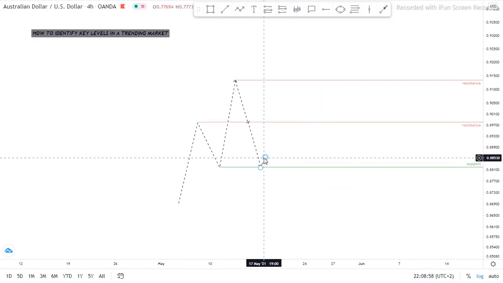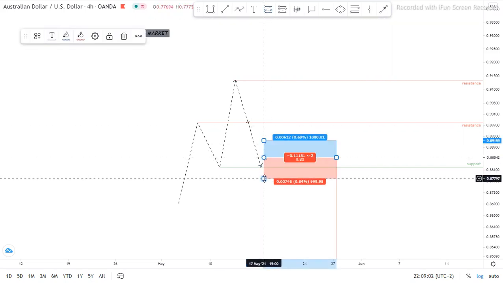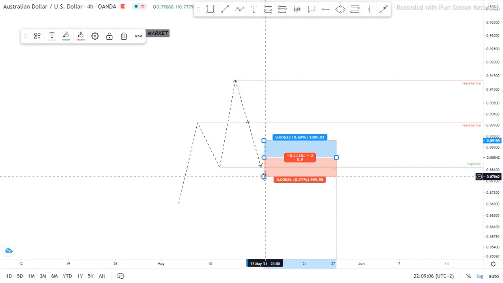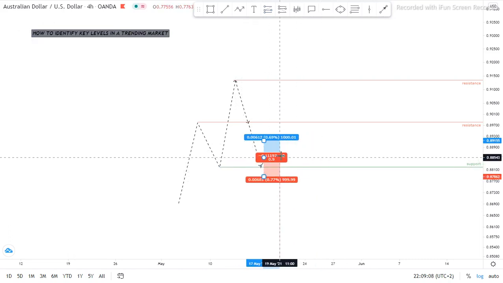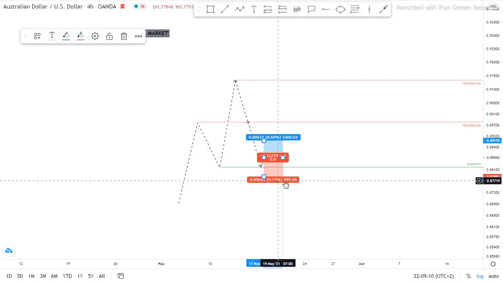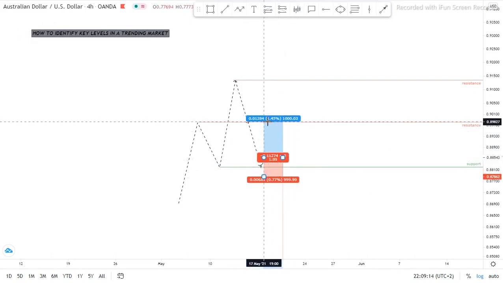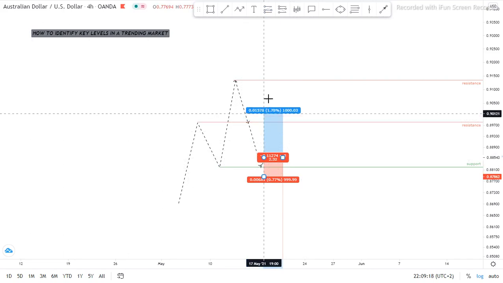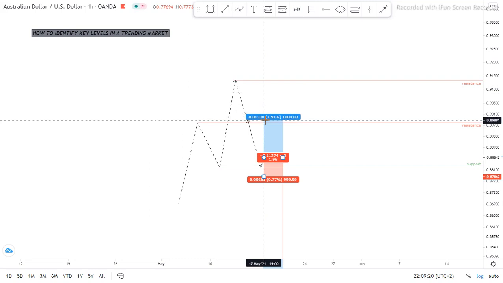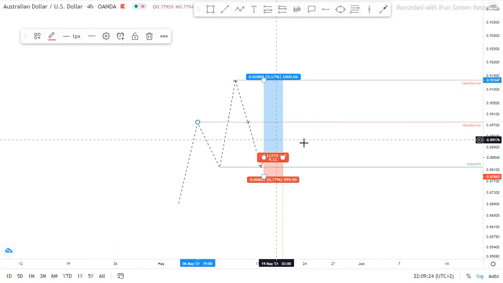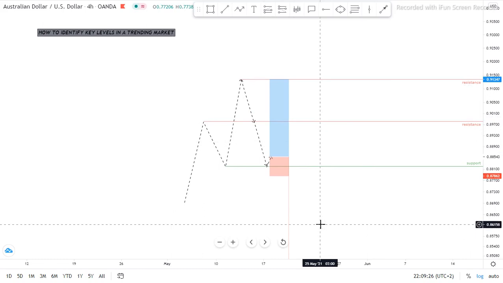So as we get our momentum shift, we go in for our long order. Our stop loss will be anywhere underneath our support, and then first take profit will be here at our first resistance level. And then once this resistance level is broken, this will be our second take profit, right?